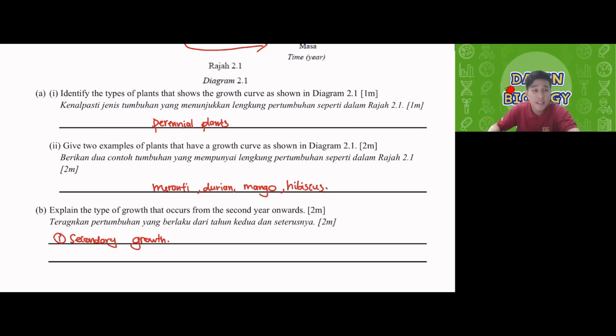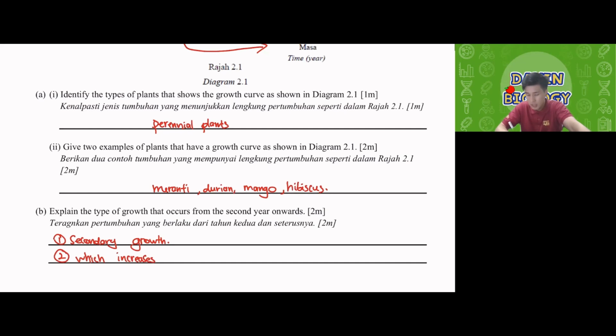And then explain. So secondary growth does what? Increases the diameter. So you can say which increases the diameter of the plant.